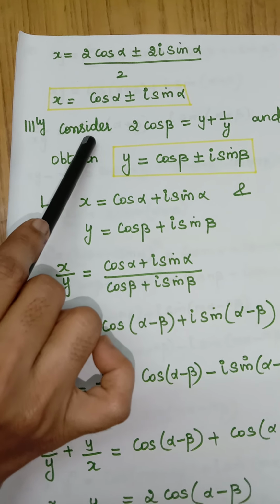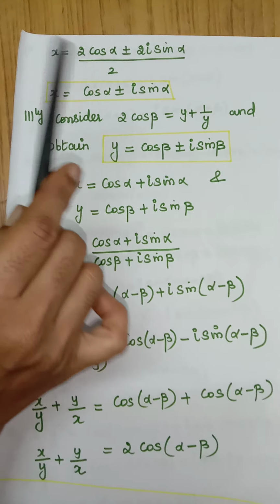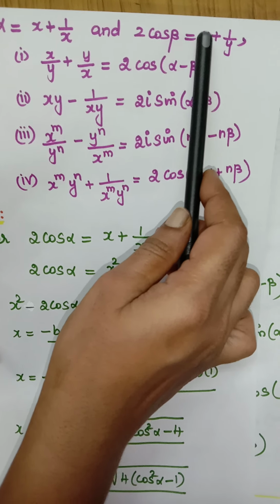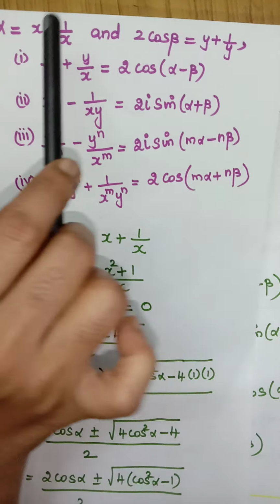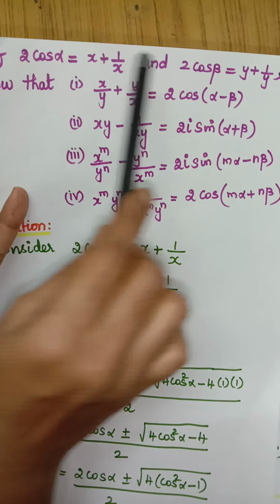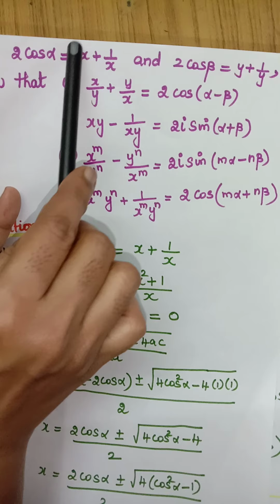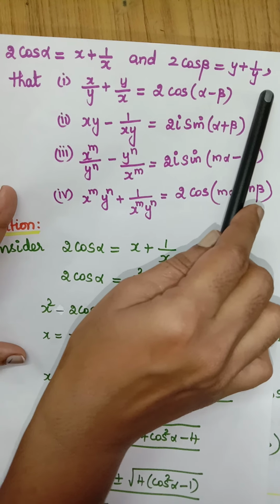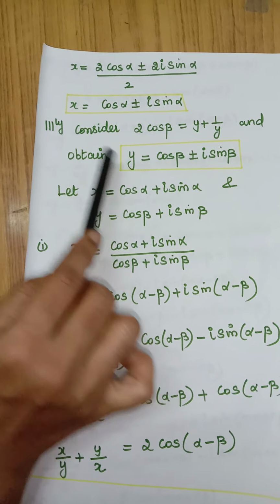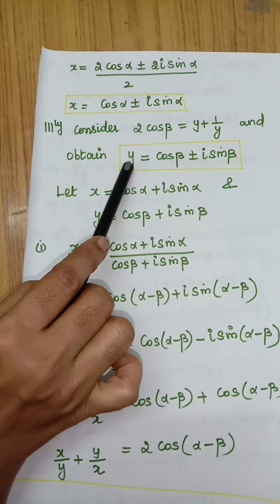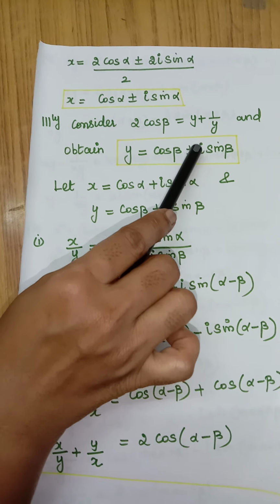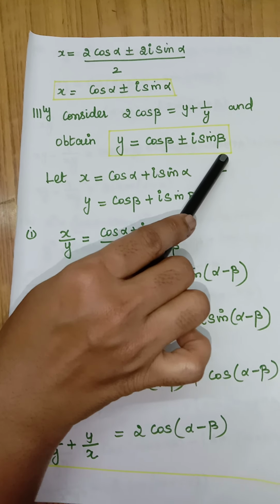Okay, similarly you consider the second result. What is given? 2 cos beta is equal to y plus 1 by y. So already I compared. What is the difference here? Alpha, here you are having beta. In the place of x, here you are having y. So the same way, if you simplify, instead of x, you will get y is equal to cos beta plus or minus i sin beta.